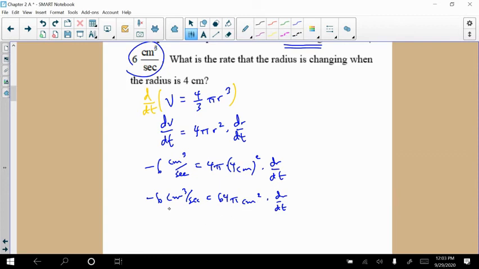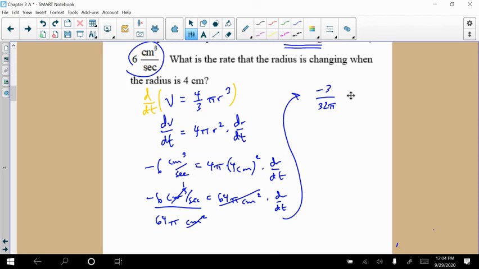So I'm going to divide that across, and again, the right label should emerge if I did that correctly in terms of the units. So centimeters squared will cancel all but one of those. And then I've got 6 over 64, which, divided by 2, is -3 over 32 pi.